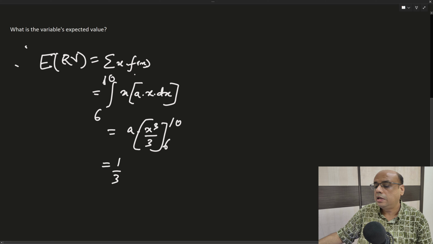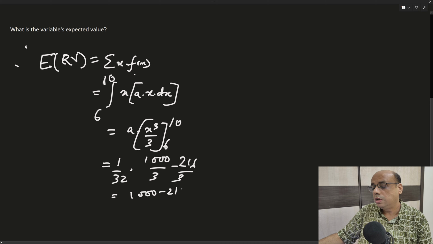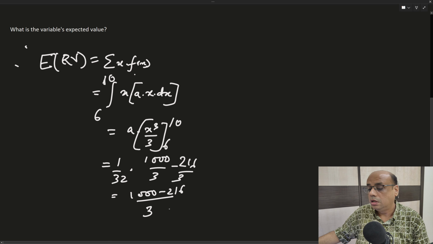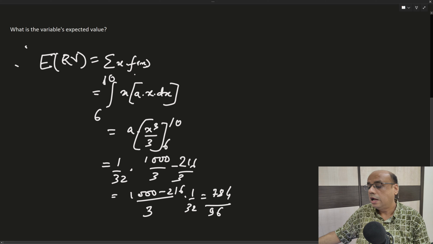A is 1 by 32 into (1000 by 3 minus 216 by 3), which is 1000 minus 216 by 3, into 1 by 32, equal to 784 by 96.